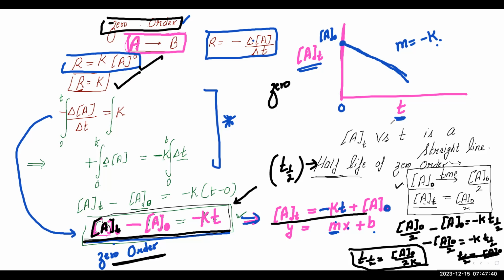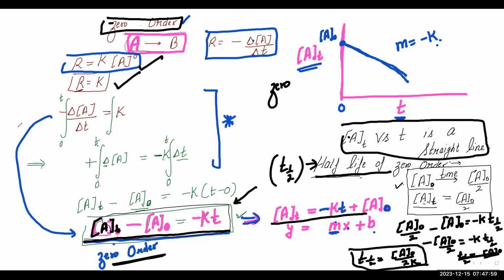Everything is for zero order. So concentration of A versus time is a straight line for zero order. Then half-life of zero order. And we found the half-life of zero order is A naught over 2K.